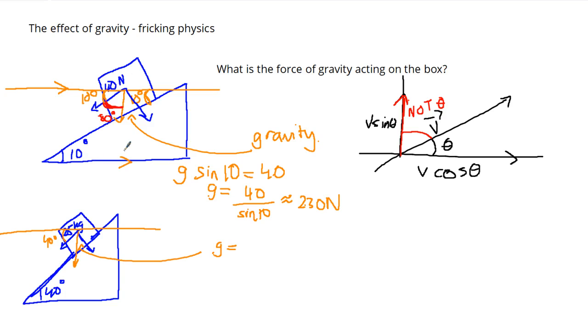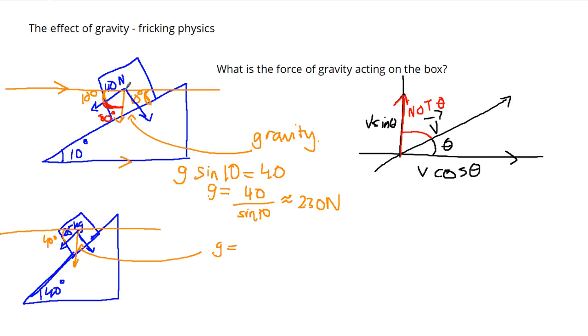Okay, the effect of gravity. This is a little bit more confusing. What is the force of gravity acting on the box? In this case, we have a 40 Newton box going this way. Our G, which is the force of gravity right here.